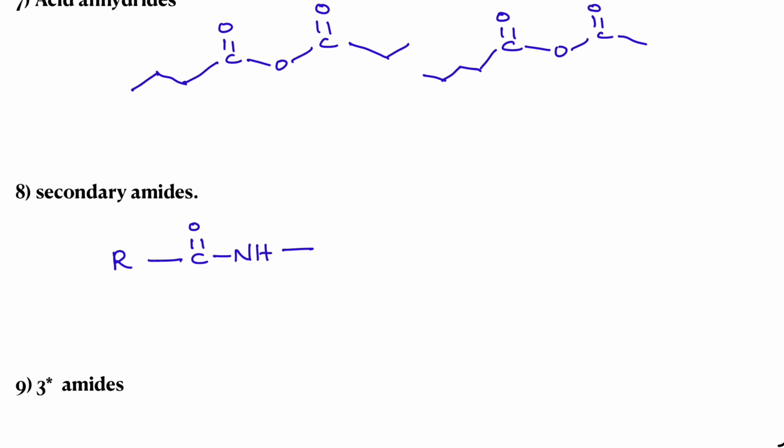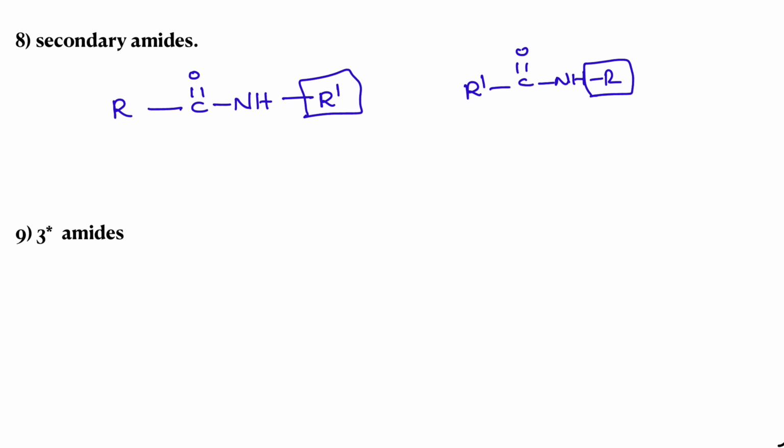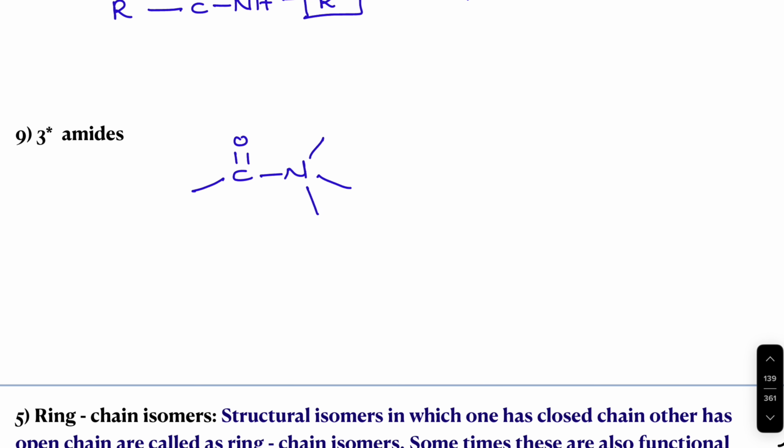This side I am taking R, this side I am taking R prime. Now R prime, C double bond O, NHR. R prime nitrogen is having, R nitrogen is having. Similarly, tertiary amides also exhibit metamerism. The functional group should have two alkyl groups. The functional group should be attached to two alkyl groups. So these are the examples of metamers.